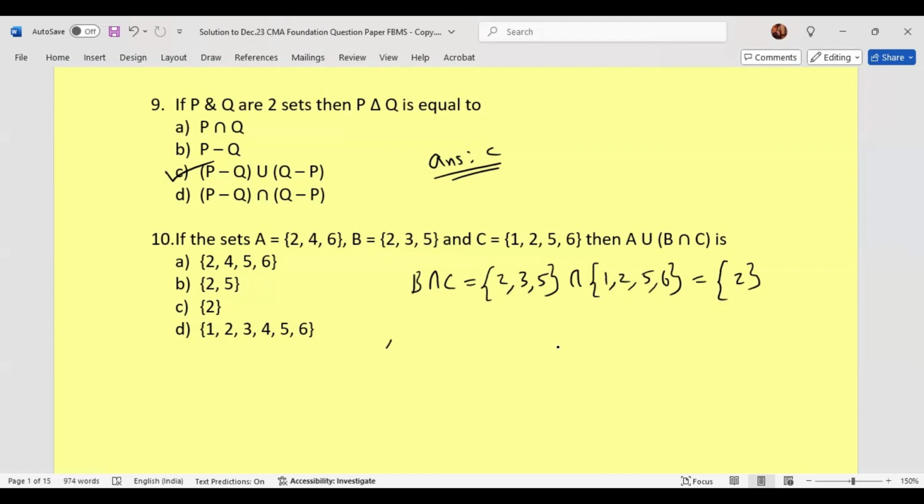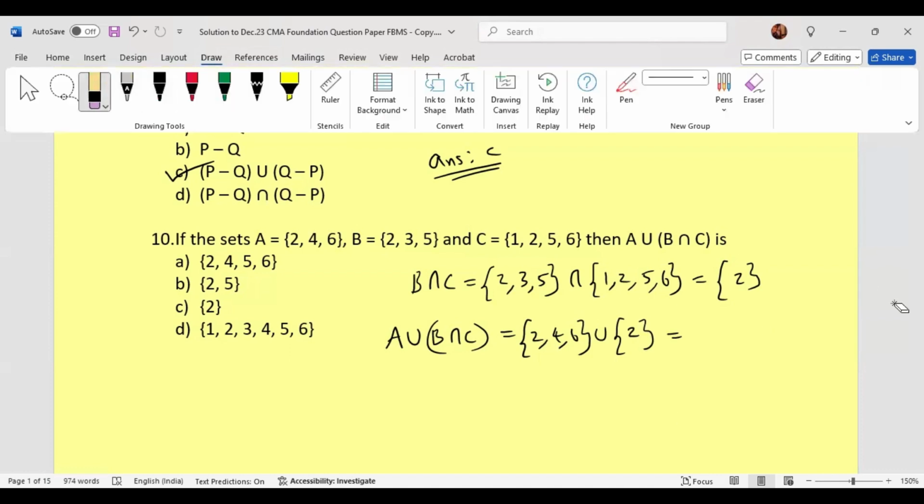Now A union of B intersection C will be A, which is 2, 4, 6, union of B intersection C, which is 2. So union of these two, I think something is wrong. I missed writing this 5. 5 is also a common element.